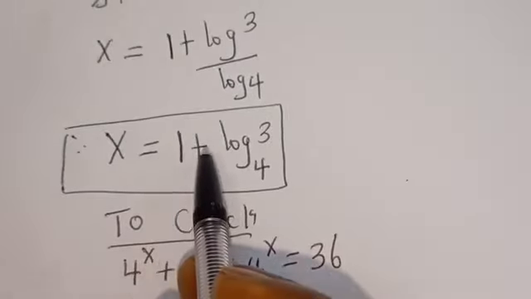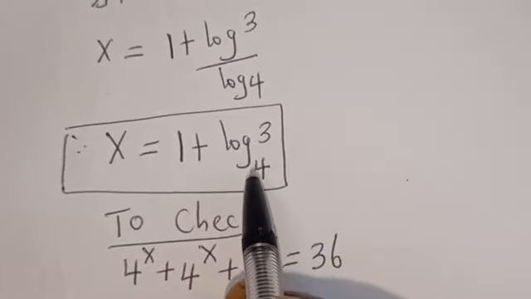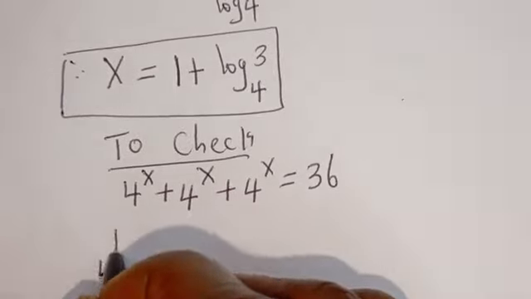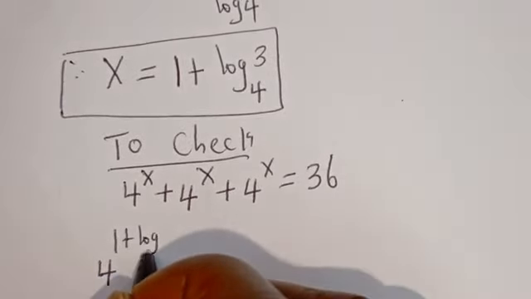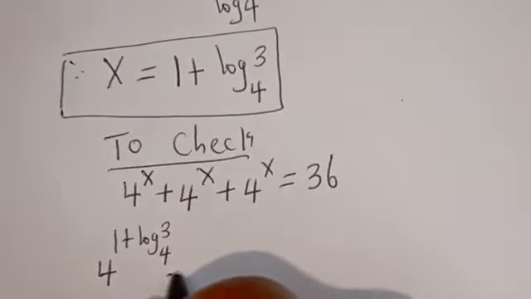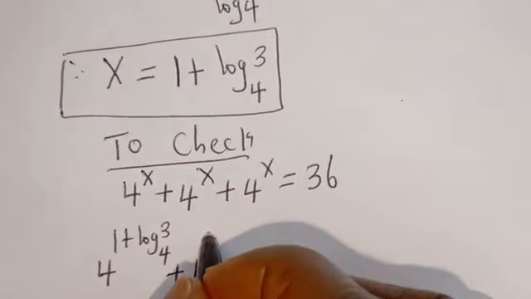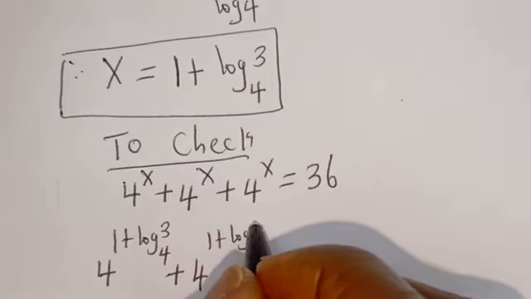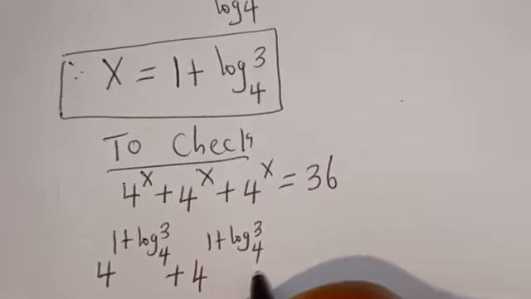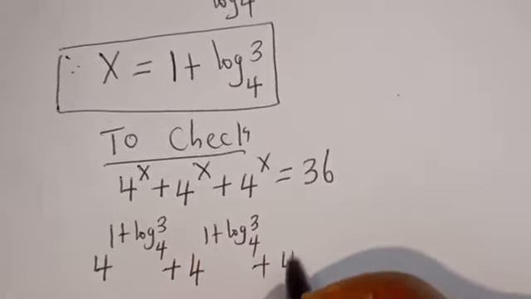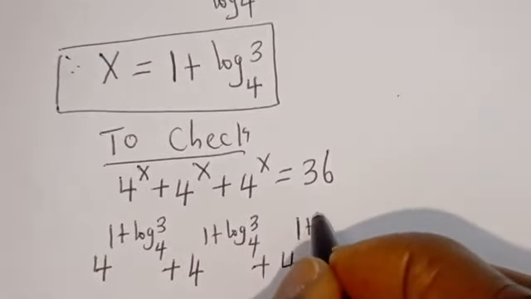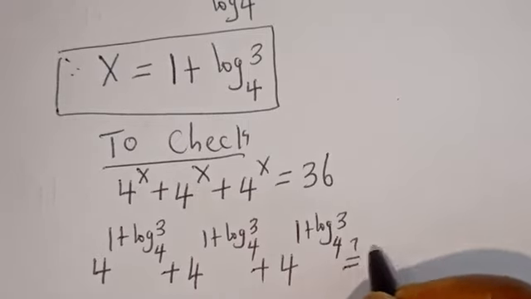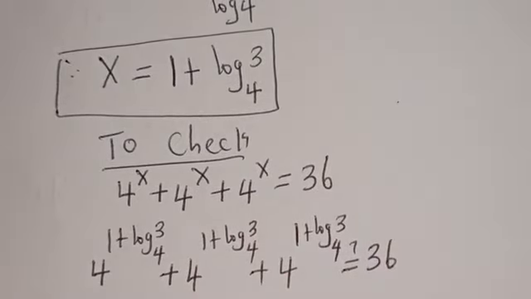And when s is equal to 1 plus log 3 base 4, here we have 4 to the power of 1 plus log 3 base 4 plus 4 to the power of 1 plus log 3 base 4 plus 4 to the power of 1 plus log 3 base 4 must be equal to 36.